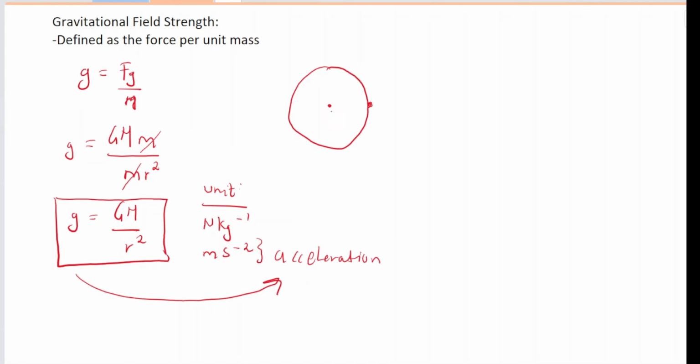There is obviously a separation between the center of the Earth and you at the surface of the Earth. There is the mass of the Earth, m1, and there is your mass, which is m2, and this is the separation, which is the radius. Now, according to Newton, there will be forces exerted between this mass and this mass, and this force exerted will be the gravitational force.